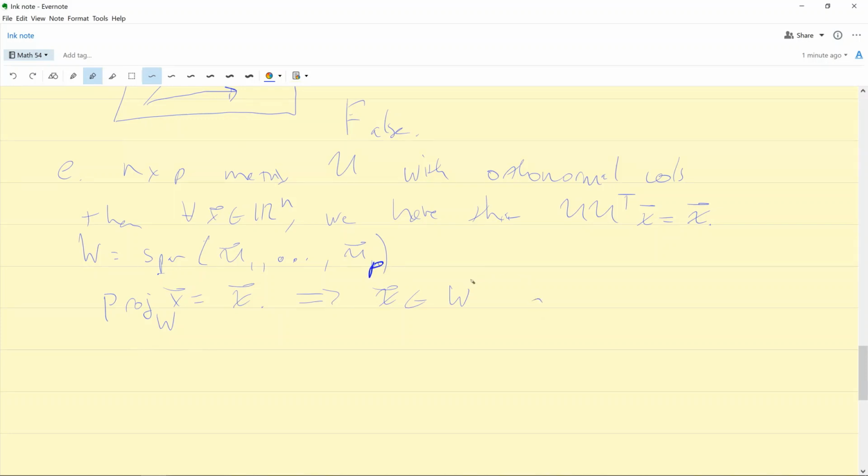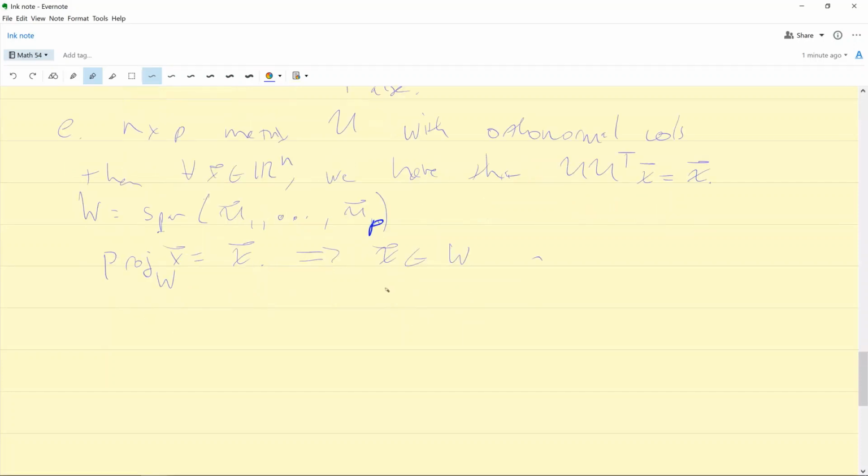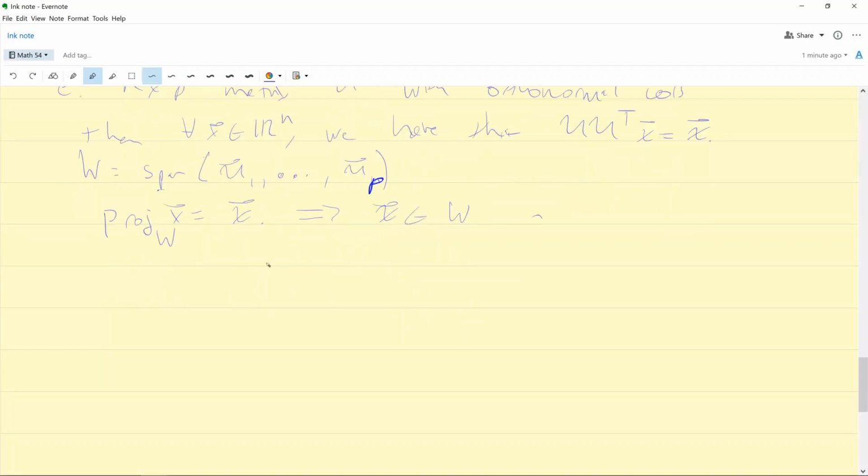Cool. So this only happens for x inside W itself, not x in all of Rn. And another way you can see that this vector has to lie inside W is, if you write x as this projection, then because this is written uniquely, this other term has to be 0.